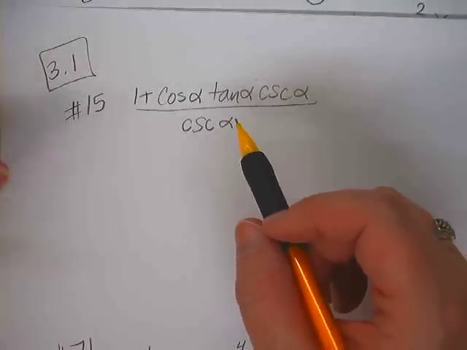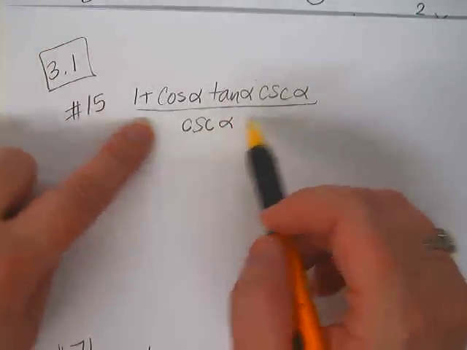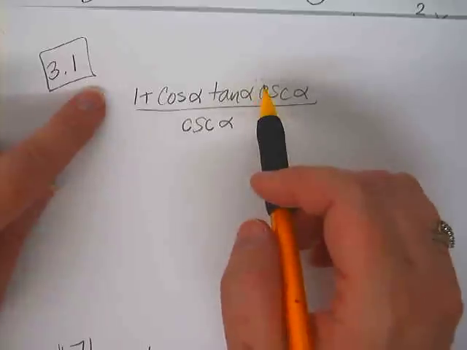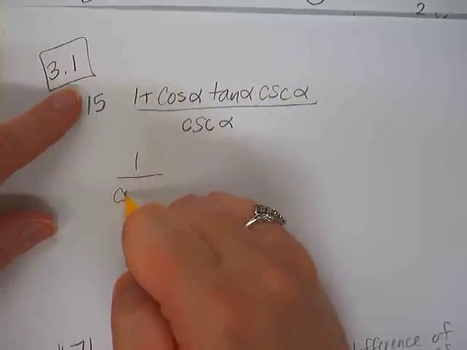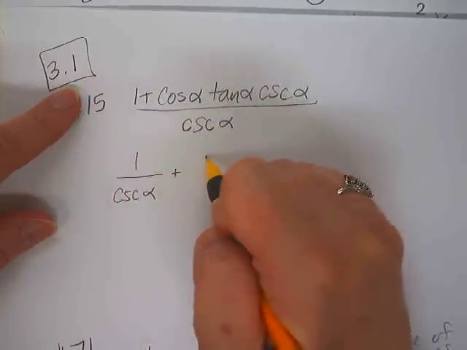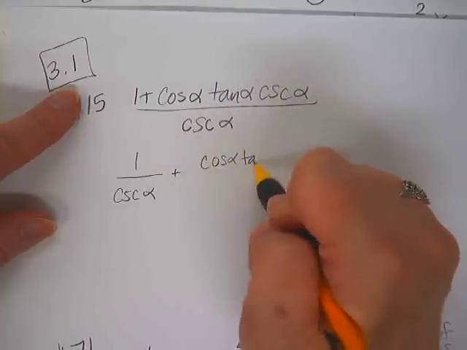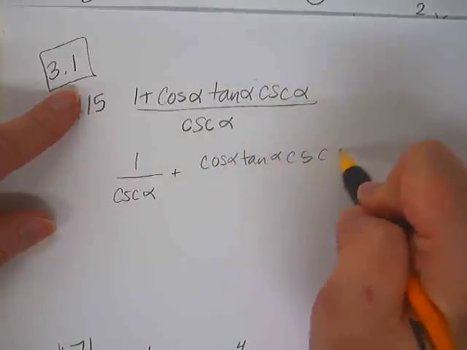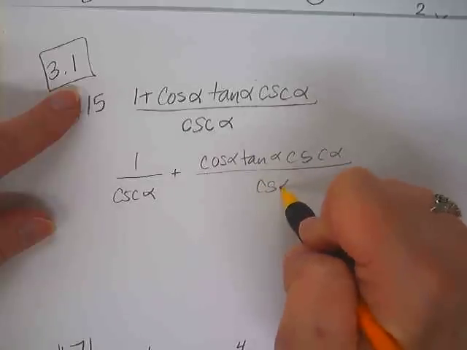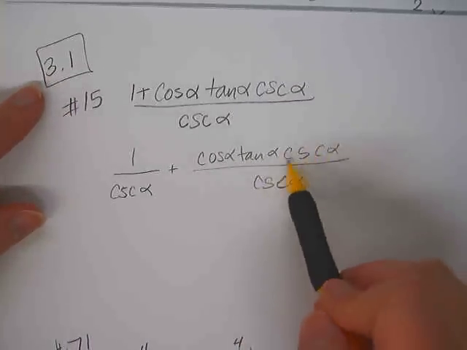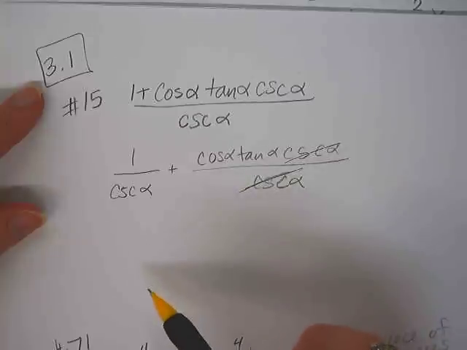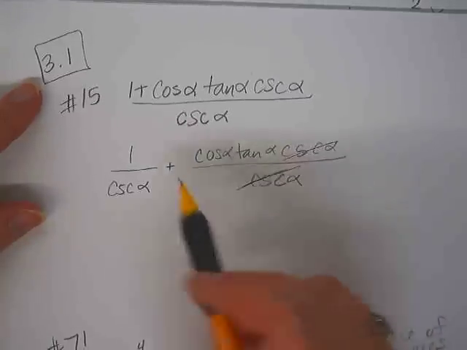Number 15, we can use what we just barely did, Cody, with this one. Remember what we just did in that other example where we broke it into two fractions? Yes. I recommend that. So 1 over cosecant theta plus cosine theta tangent theta cosecant theta over cosecant theta. So then, now that I've separated those out, I can cancel that and that.